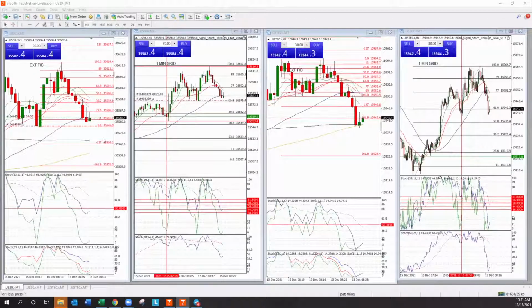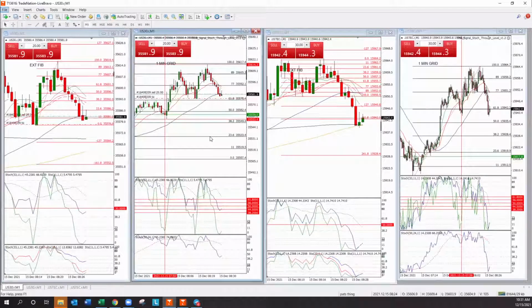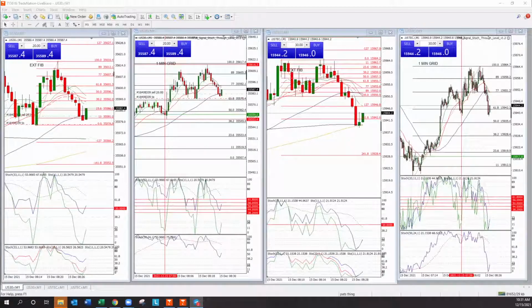Okay, let's watch for double bottom over there. Support there. The US tech currently bouncing off that 38.2 level of the opening range and the 50 of the daily high low.